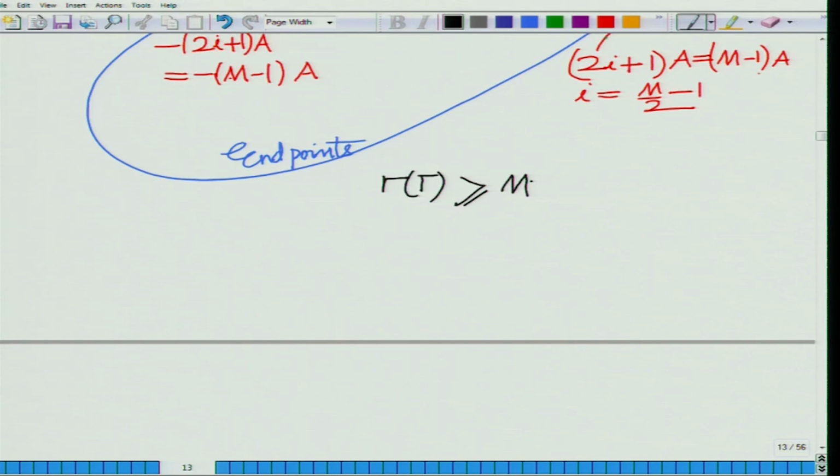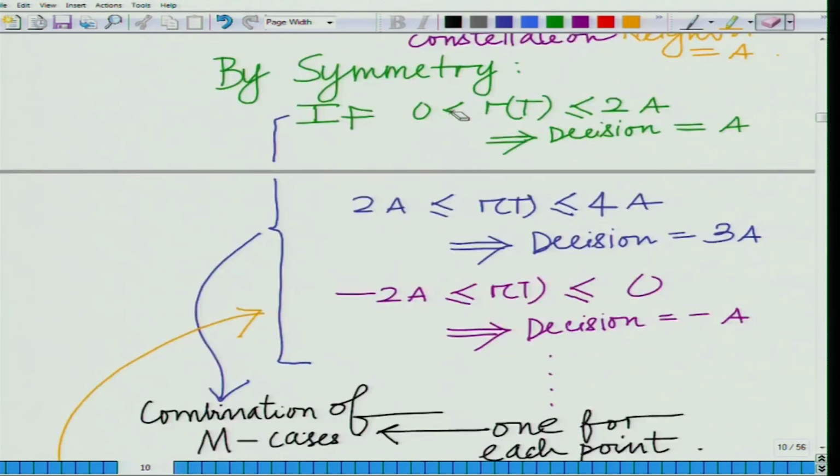So, let us write the inequality only on one side. Although it is not a very significant thing, if RT equals 2a, we have to decide what to choose. Do we choose A naught equal to a, or A naught equal to 3a? What we are saying is that for point 2a, let us choose A naught equal to 3a.